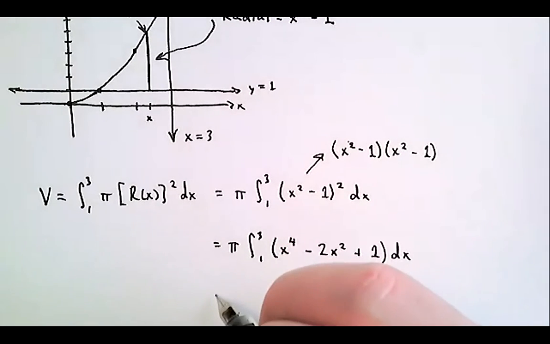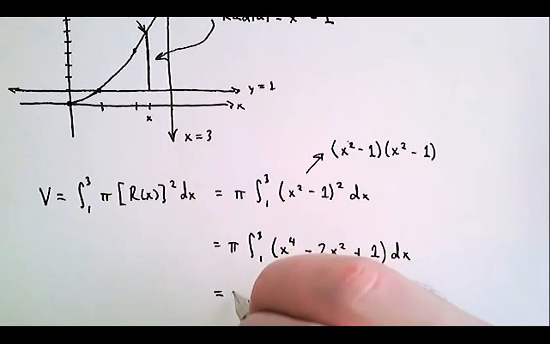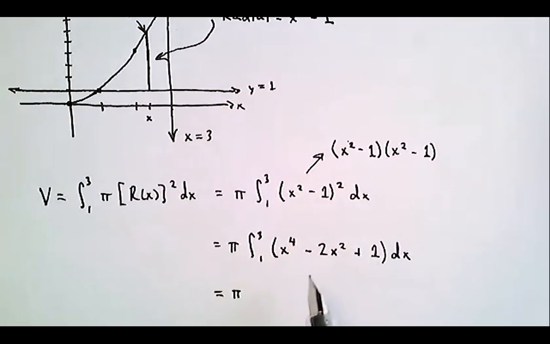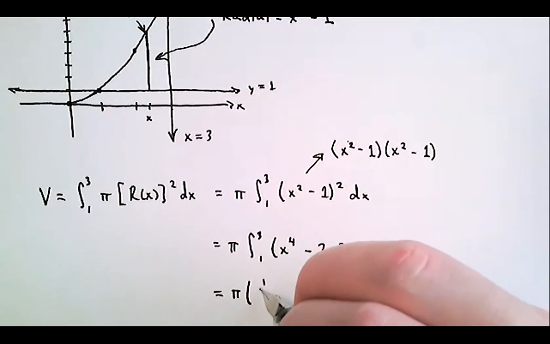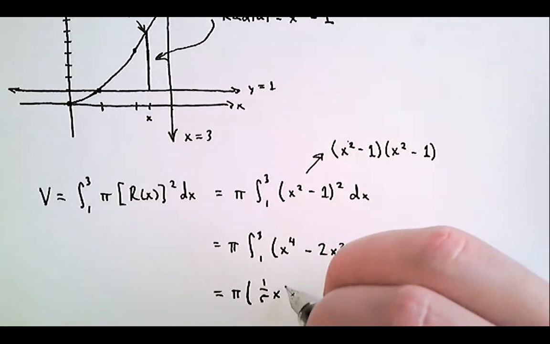And then now that we've multiplied that out, we can continue finding an antiderivative using the power rule. In this case, x to the fourth, and an antiderivative for that guy is 1/5 x to the fifth.